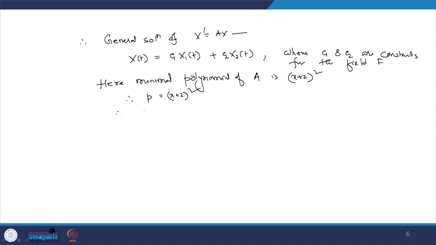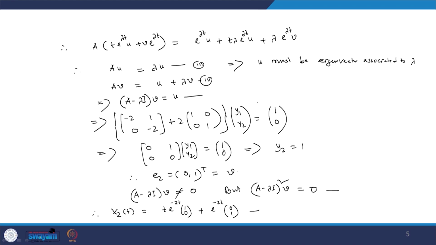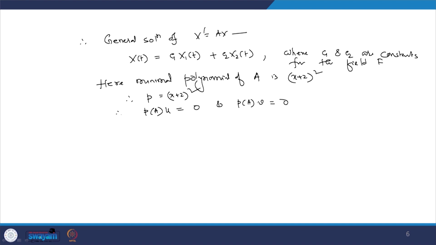Also we see that when you consider P(A), this is an operator. Now P(A) operating on U equals 0 and P(A) operating on V also equals 0. U means the eigenvector that I calculated, (1, 0), and V is basically the second vector (0, 1). I am not saying that V is an eigenvector, only U is an eigenvector, V is not.